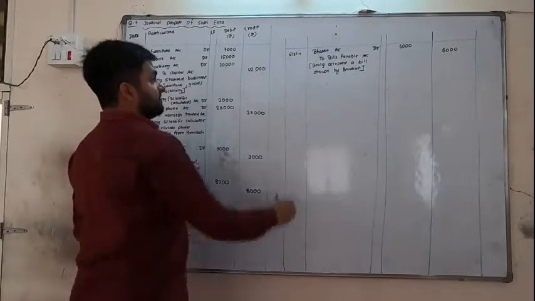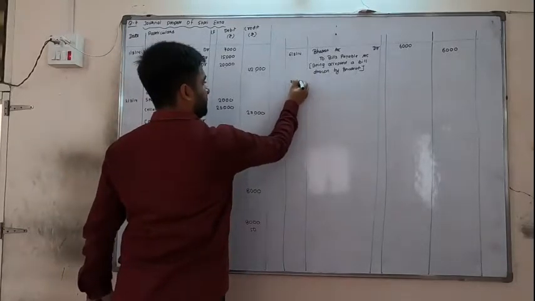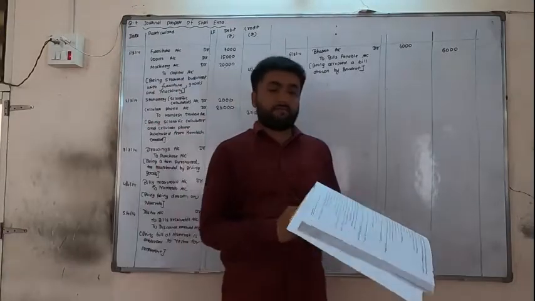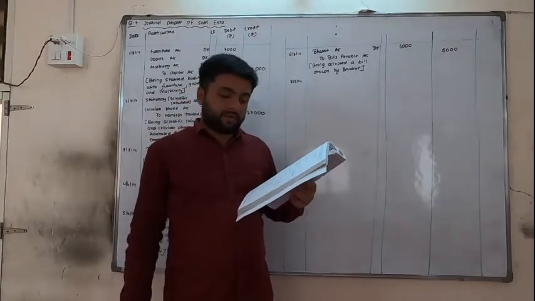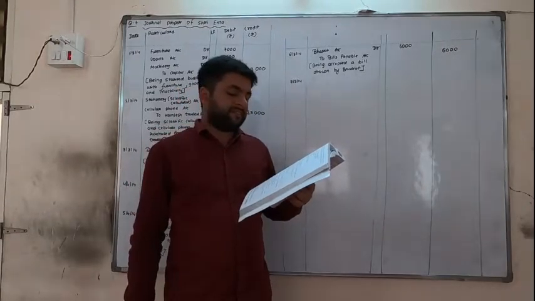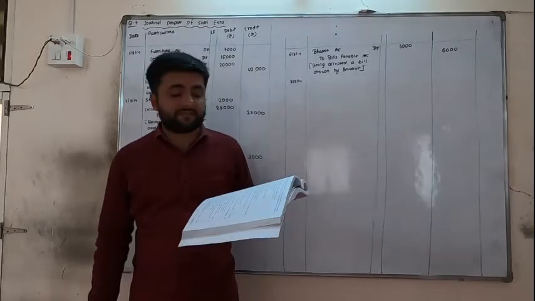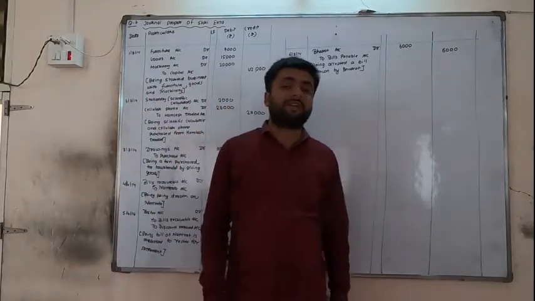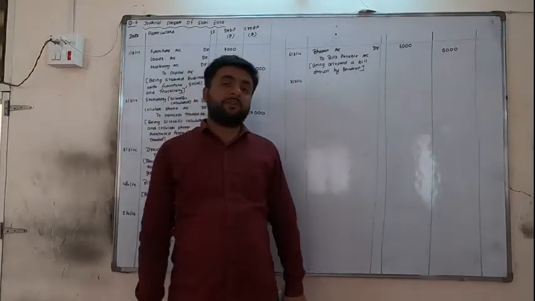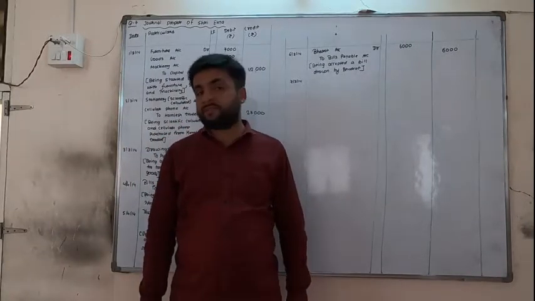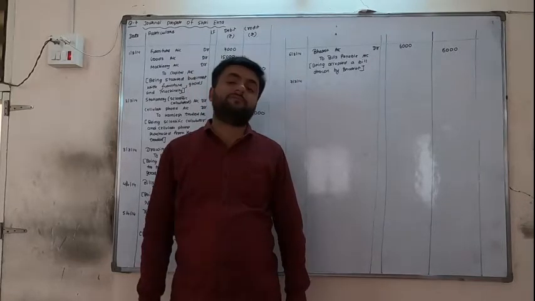Next date is 7/3/40. Goods of 8,000 were stolen away from the godown, and the insurance company accepted a claim of 75% of the amount. Goods are going out from the godown by theft other than sales, so purchase will be credited with the total amount.